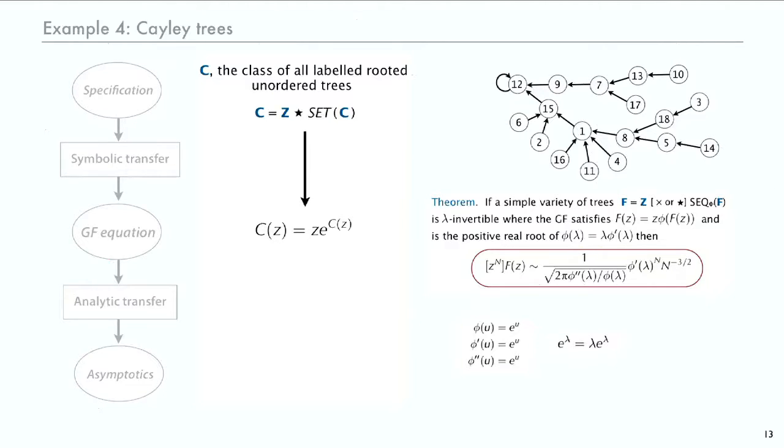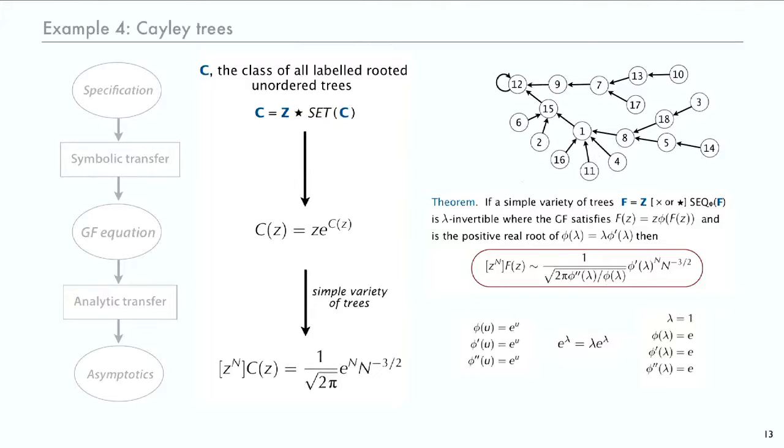So our characteristic equation is e to the lambda equals lambda e to the lambda, so lambda is 1. Then plugging in to evaluate the characteristic function at the value 1, you get e all the time, so phi double prime over phi is just e, and phi prime is e, so it's e to the n. Immediately you get 1 over the square root of 2 pi, times e to the n, times n to the minus 3 halves.